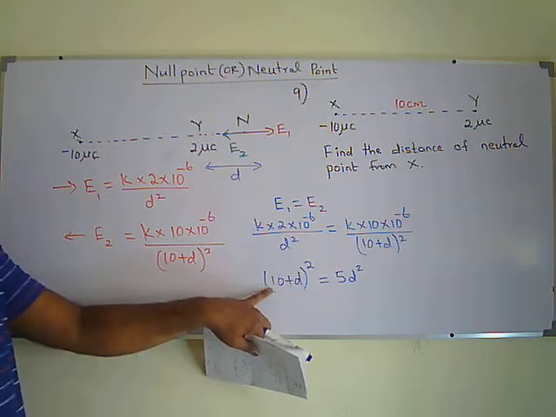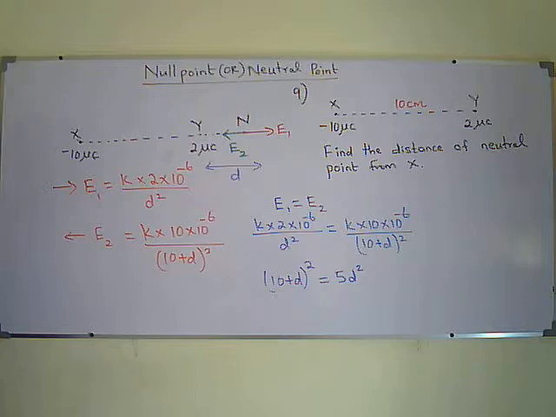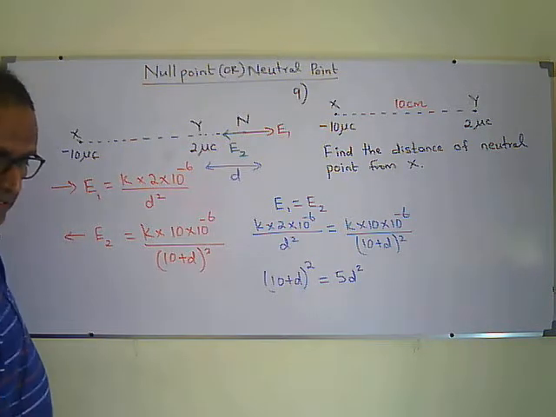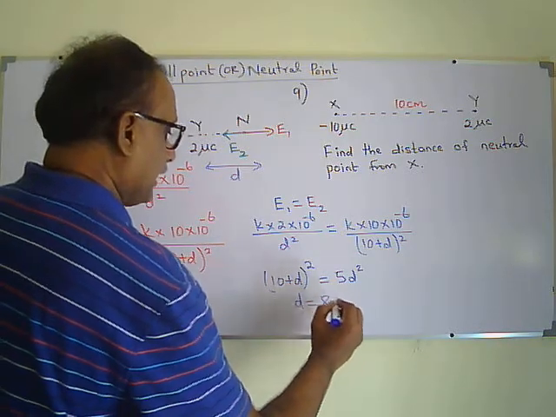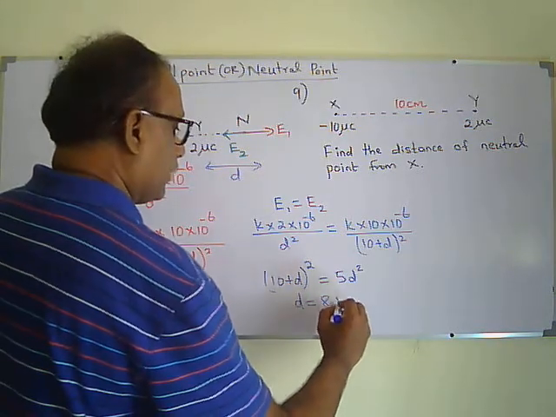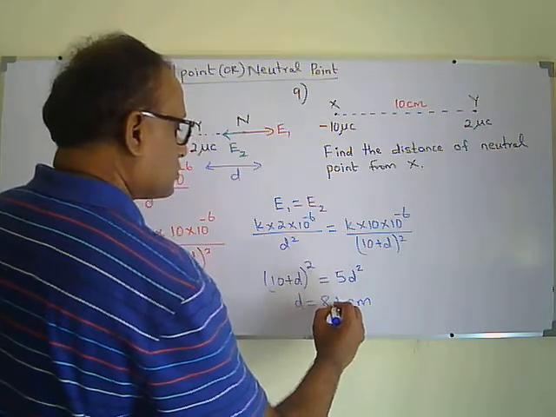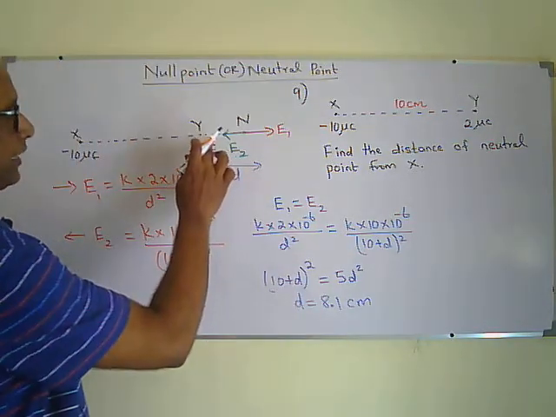Left side 10 plus d is equal to square root of 5 into d. Anyway, you are using calculators, you can all find the d. Okay, you will get d equal to 8.1 centimeters.